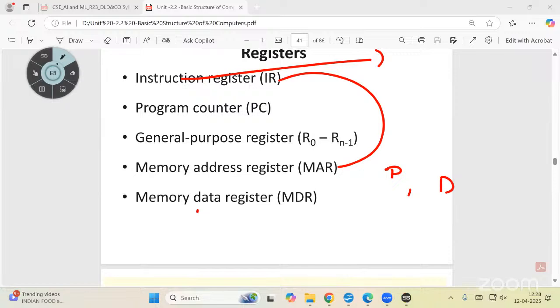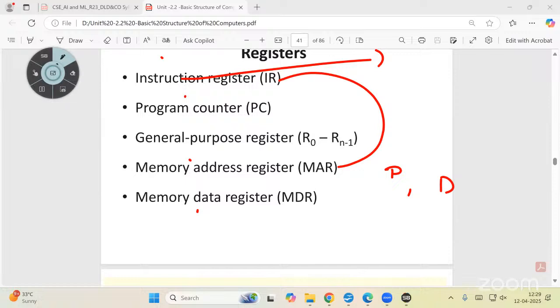So these are the registers, and their sizes depend on the processor, on which processor you are designing. Based on that, we can give the sizes. But the basic sizes: the instruction register is 16-bit and the program counter is 16-bit.